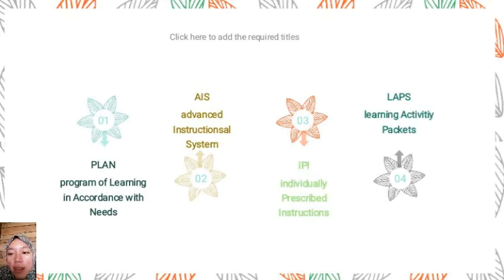And next, IPI, or Individually Prescribed Instruction. Robert Glaser of the University of Pittsburgh developed the Individually Prescribed Instruction, or IPI, system under his research of the Better Schools program.